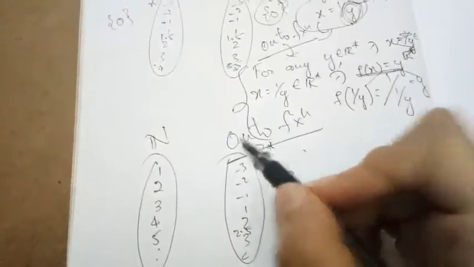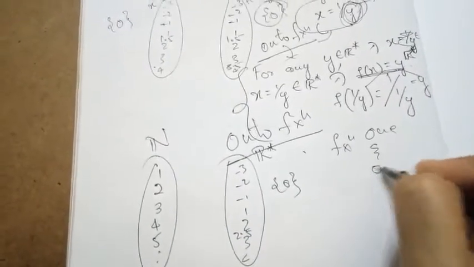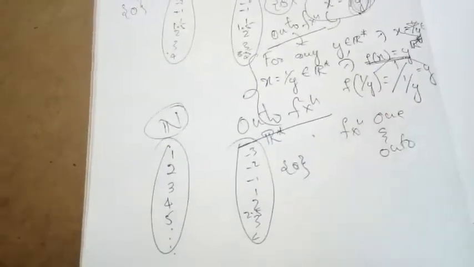Now we need to check whether this function is 1-1 and onto when our domain is changed from real numbers to natural numbers.